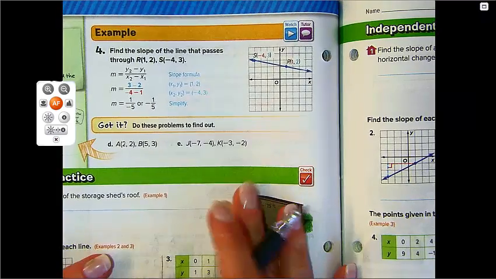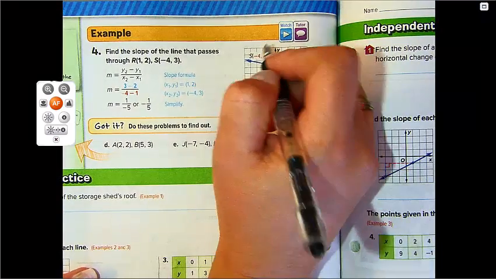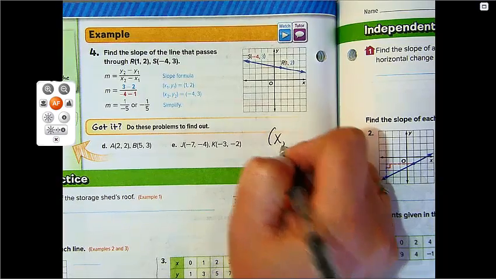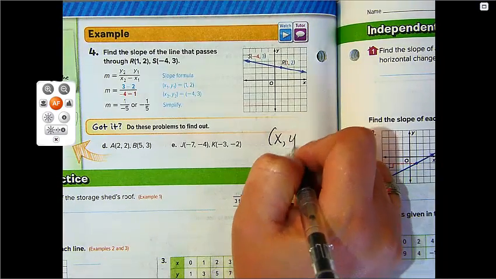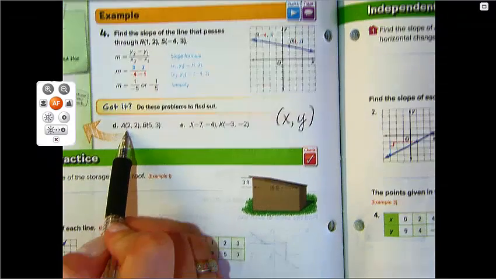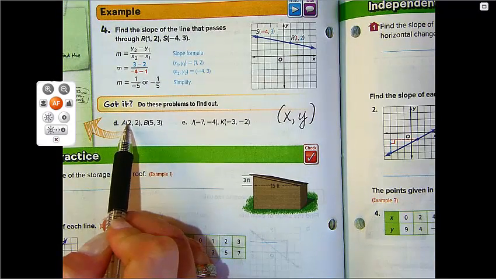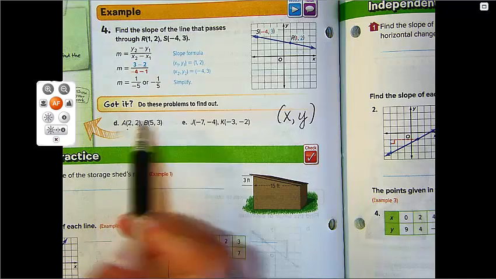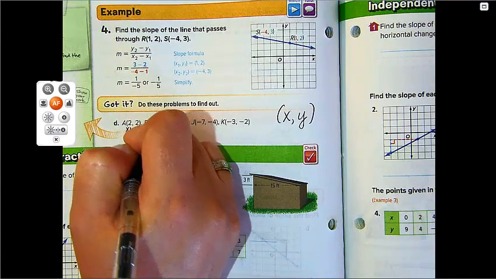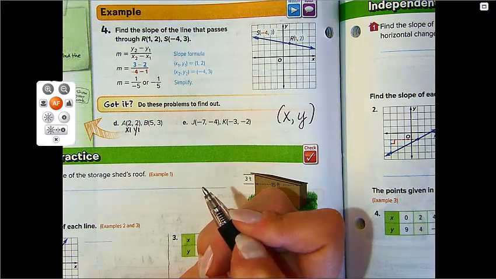Here I have two coordinates. Hopefully you remember that in a coordinate, your first number is your x, your second number is your y. That's huge to remember. So if I look at this one right here, my first number is my x, my second number is my y. So here's my x1, my first x, here's my y1, my first y.